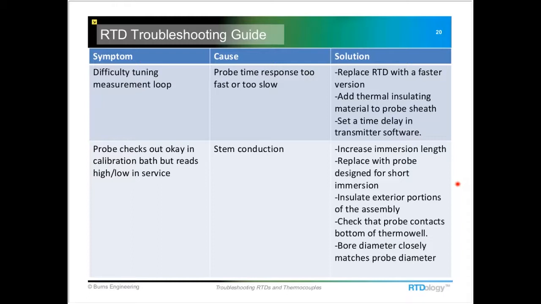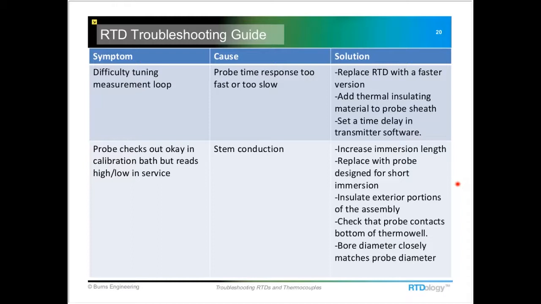Another quick solution is to just insulate the exterior portion of the assembly. This would include the piping about maybe 6 inches on each side of where the sensor is installed. If it's in a tank situation, you may want to put insulation around the connection head and whatever extension is between the connection head on the probe and the piping or the tank.